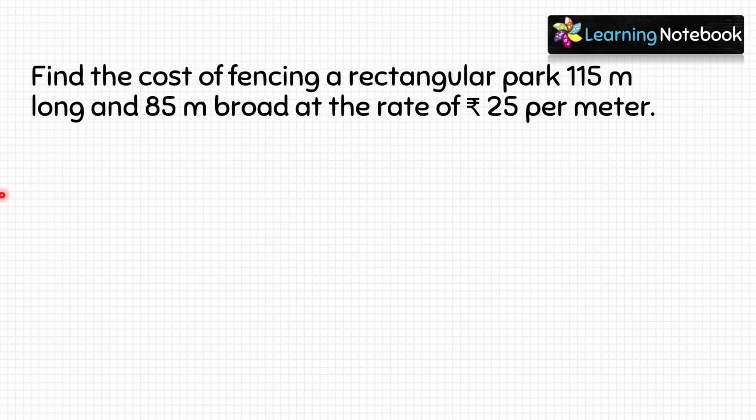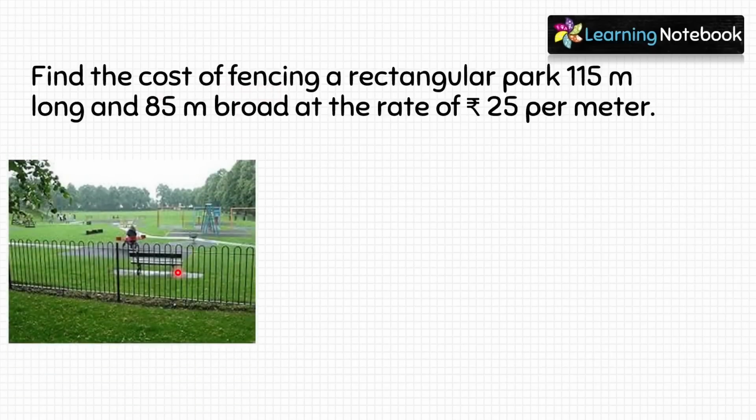Students, let's first understand this question. Here we have to find the cost of fencing. What is fencing? Fencing is the boundary of the park as shown in this picture.